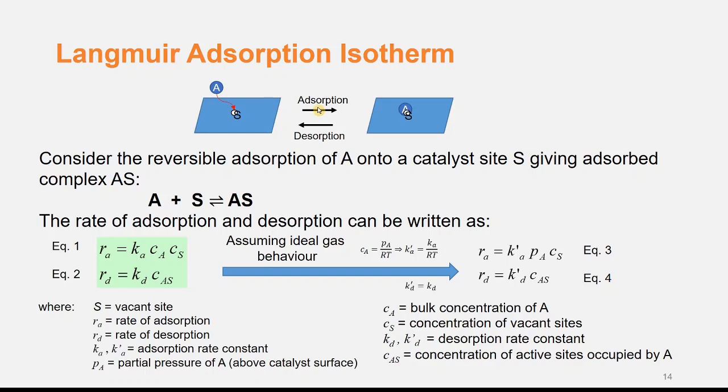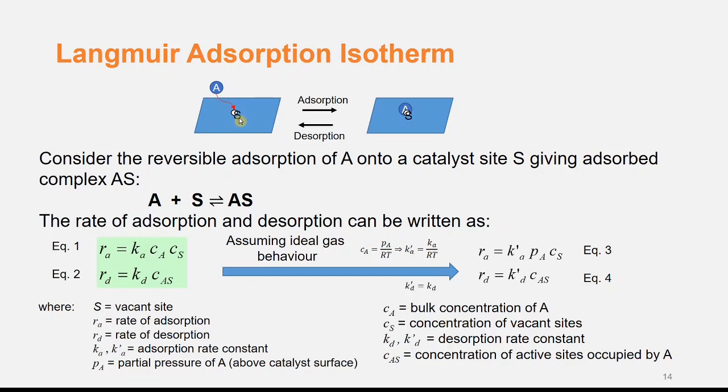First, we need to understand adsorption and desorption. In this diagram, there are only adsorption and desorption. Surface reaction is not included yet. So, adsorption and desorption can be seen as reactions between species in a fluid phase and active sites on the surface of a catalyst.